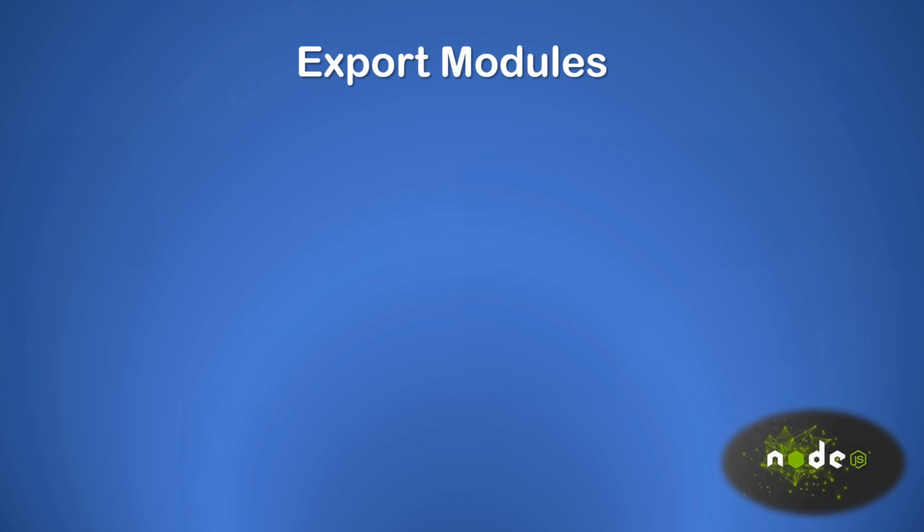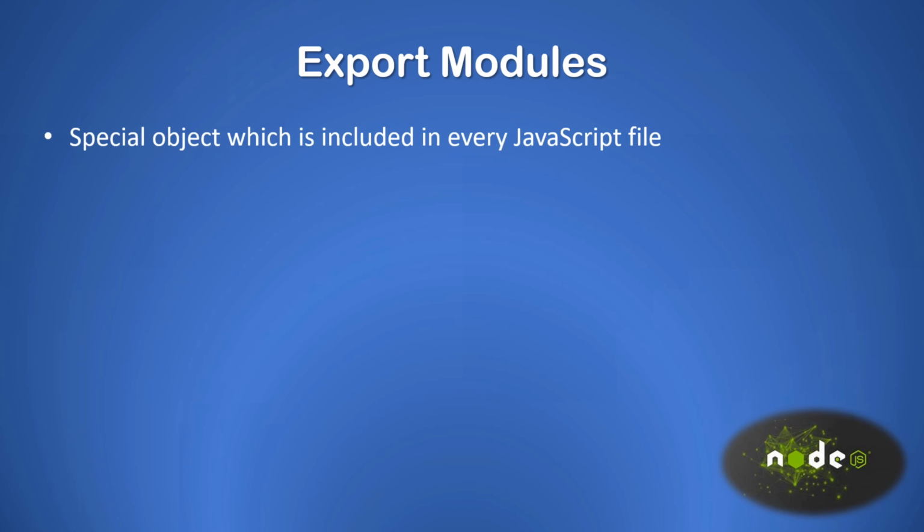So in the previous slides, you guys have understood the basic requirement and usage of our export modules. In this slide, I'm going to explain in detail what these exports are and what different types of exports we can perform. As I told, it's a special object which is included in every JavaScript file, or any Node.js application, by default.